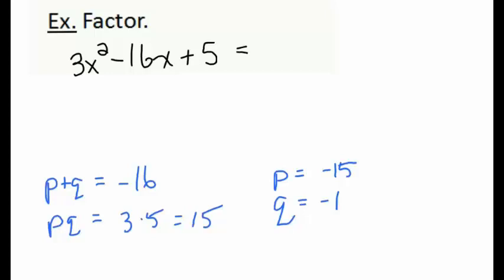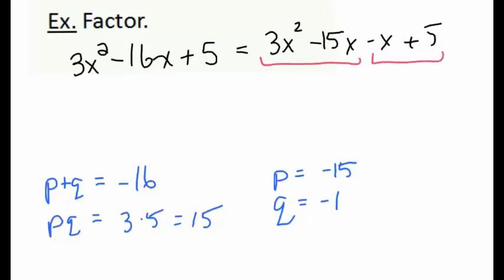So if we want to use this particular technique, we're going to take our middle term, which is negative 16x, and break it down into negative 15x minus x. Then we're going to group together our first two terms and our second two terms, and hopefully this will all work out beautifully. Factoring out a 3x from our first group, we have x minus 5.